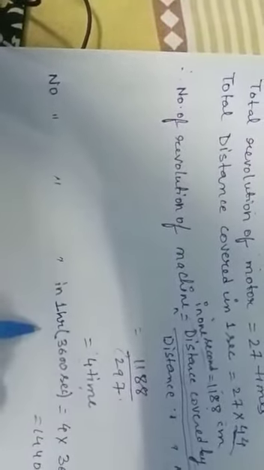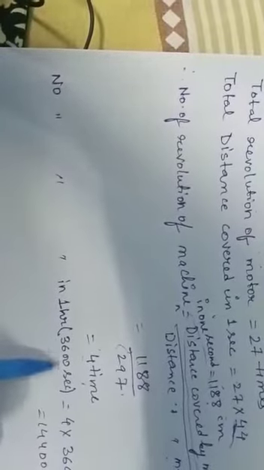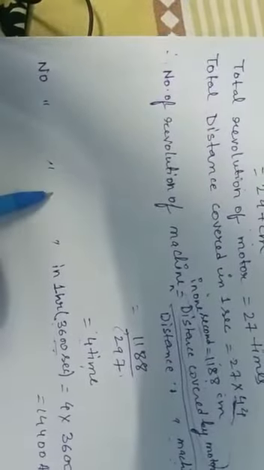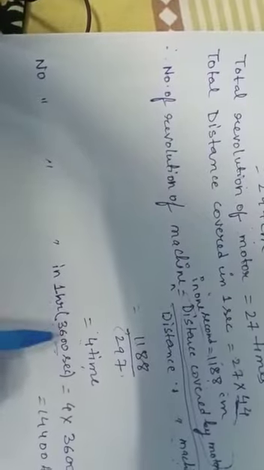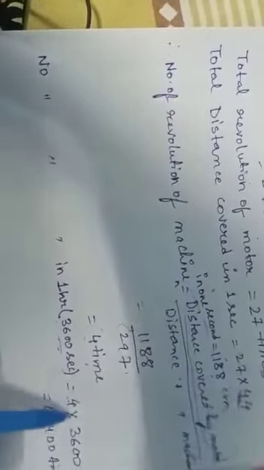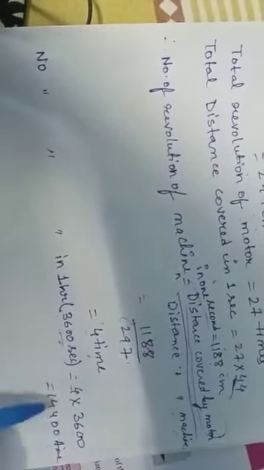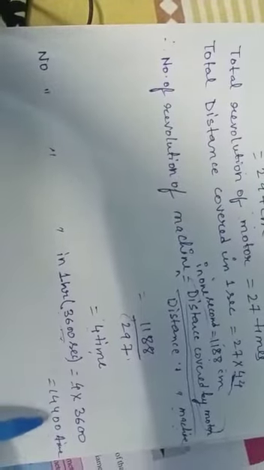When you divide, you will get 4 times, but we found it in 1 second and they are asking in 1 hour. In 1 hour there are 3600 seconds. So 4 into 3600, when you multiply, you will get 14400. So up to here I have done.